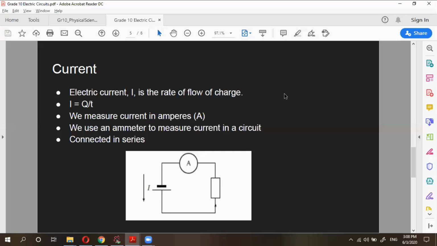Now, obviously, if current is measured in amps, then we use an ammeter to measure current in a circuit. From the picture displayed, the ammeter is connected in series, so it's connected along the wire, not parallel to any object.